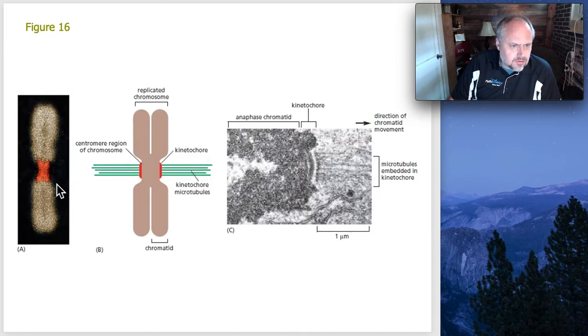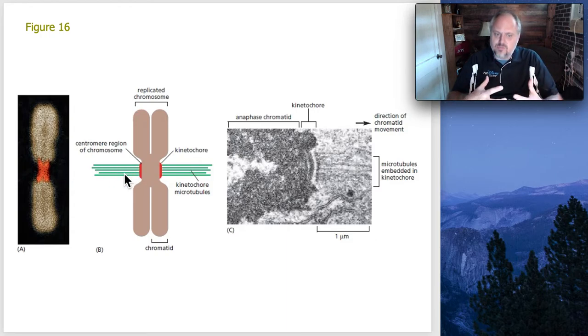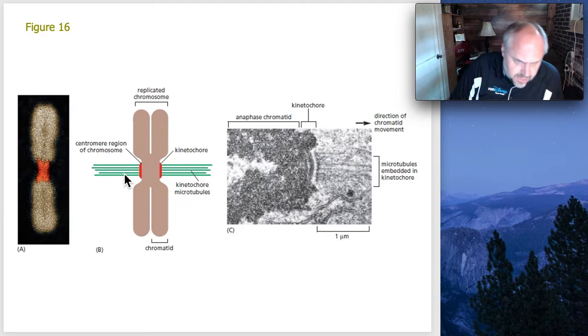Kinetochore: remember I told you that the kinetochore is a set of proteins, a complex that builds itself around the centromere of one of these duplicated chromosomes, and you're going to have more than one kinetochore microtubule. As we pull these things apart, they are pretty heavy when you think about it, so it's going to take multiple microtubules to come in.